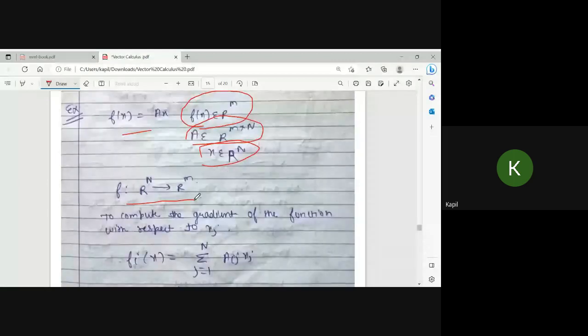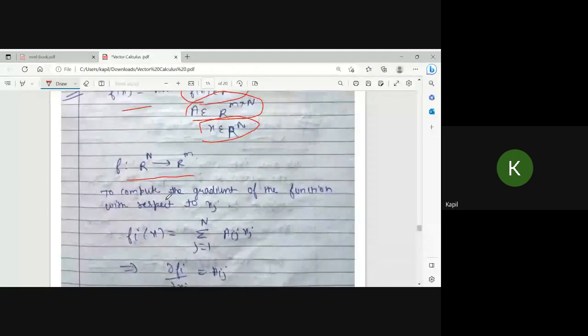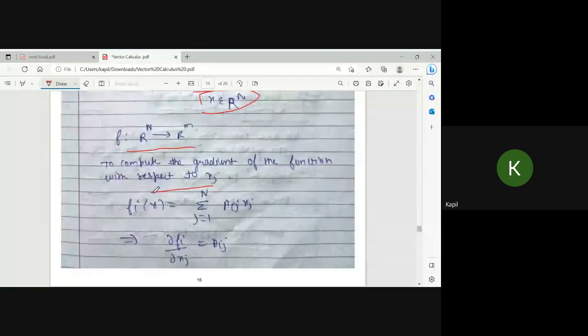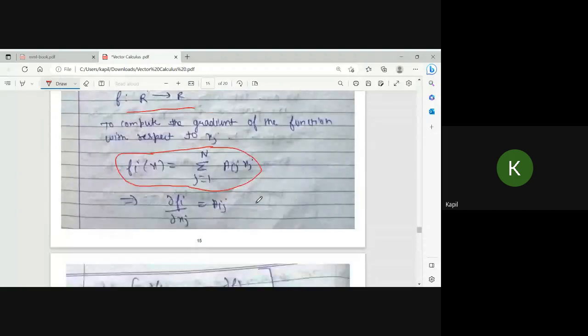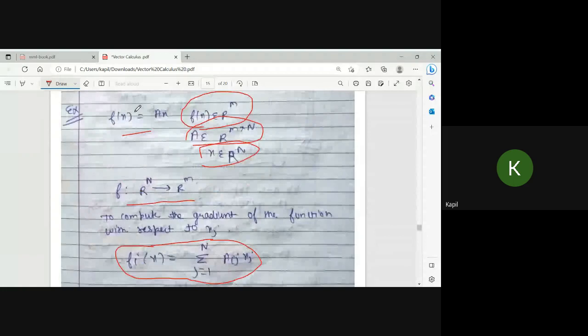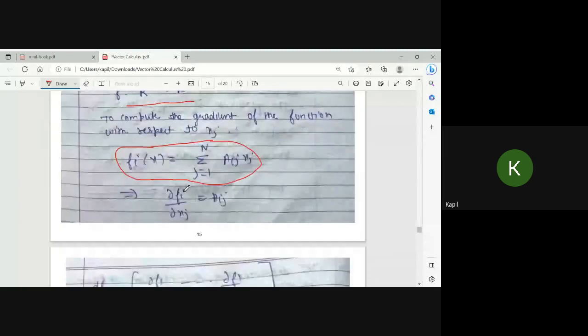To compute the gradient of this function with respect to xj, first of all we write our function in the general form as fi(x) equal to summation j equal to 1 to n of aij xj. And we know that if we take the partial derivative del fi upon del xj with respect to xj, it will give us only aij. If we expand this and find the partial derivative, we get aij.